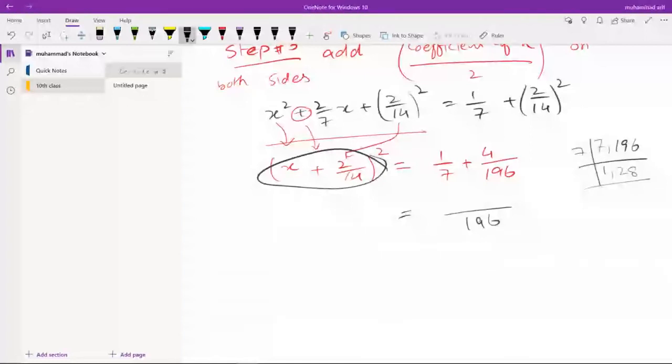So when we divide 196 by 7, we have 28. So we multiply 1 by 28, and here we have 4.